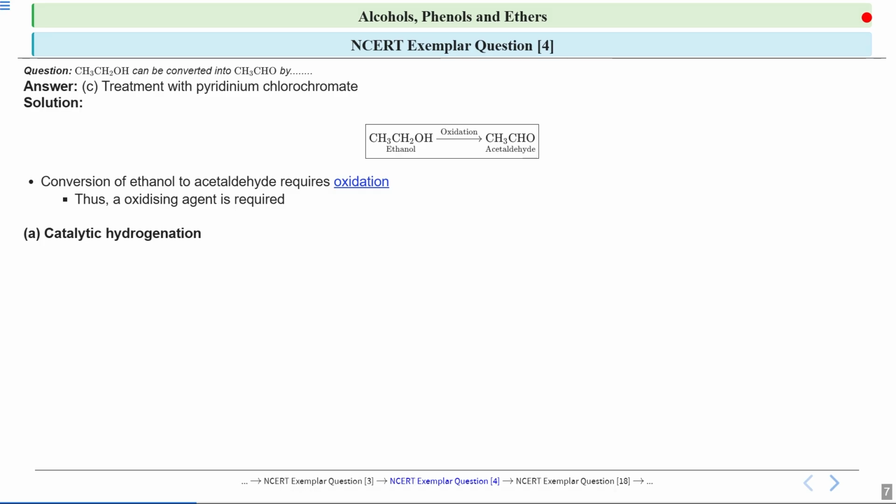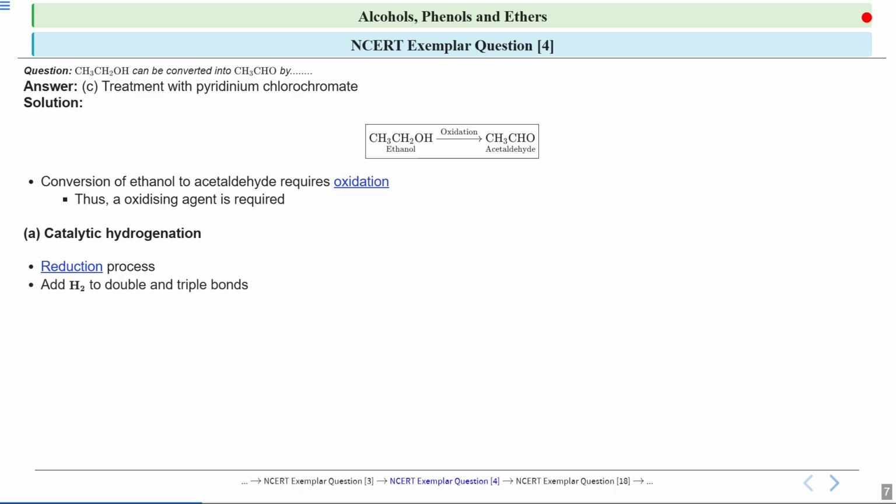First, we will check the first option, which is catalytic hydrogenation. This process is actually the opposite of what we need. Instead of oxidizing the compound, it is reducing it. Catalytic hydrogenation is a reduction process. In reduction, there is a gain of hydrogen, or I can say a loss of oxygen.